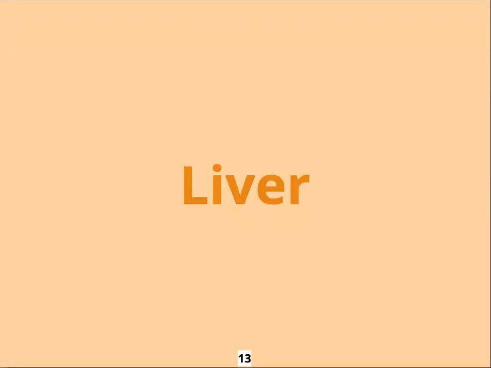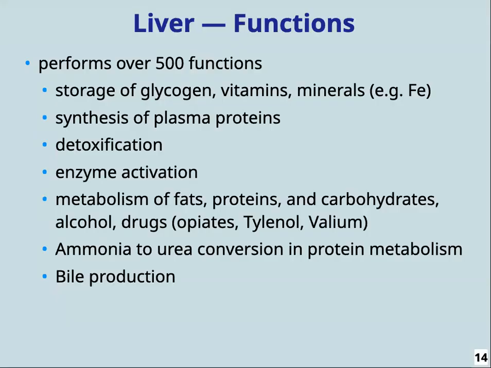We're moving on to talking about the liver. Your liver is the largest gland in your body, and it performs over 500 functions. And we'll only be concerned with a few. Okay. And so your liver is capable of storage of glycogen, which is a polymer of sugar.